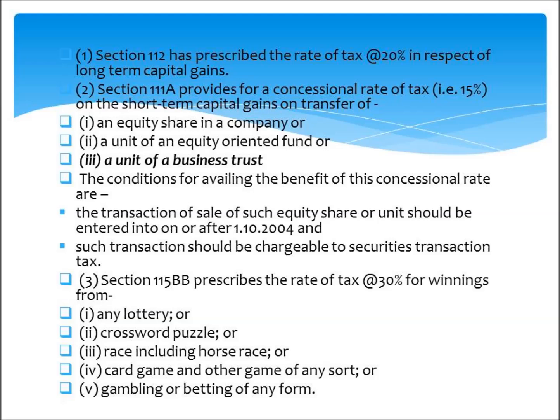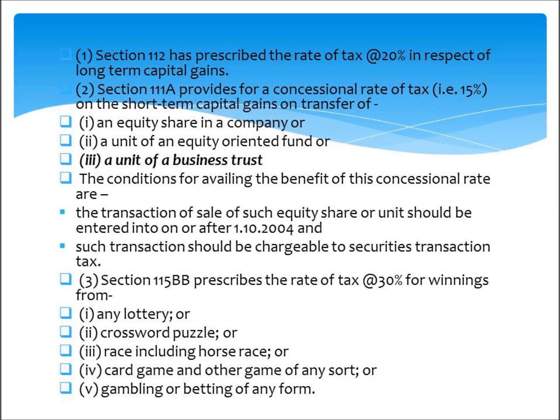So here are two conditions which we have to follow in order to avail the benefit of this concessional rate of 15%. Number 1 is that this transaction should take place on or after 1/10/2004, and number 2, such transaction should be chargeable to securities transaction tax, STT.